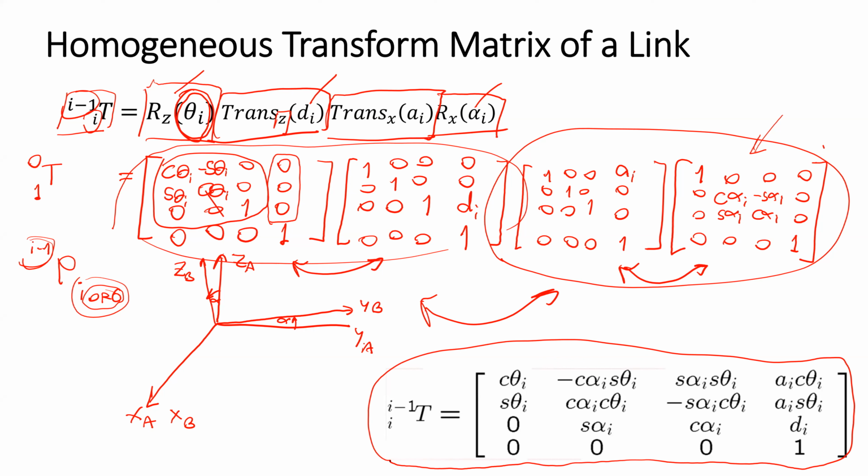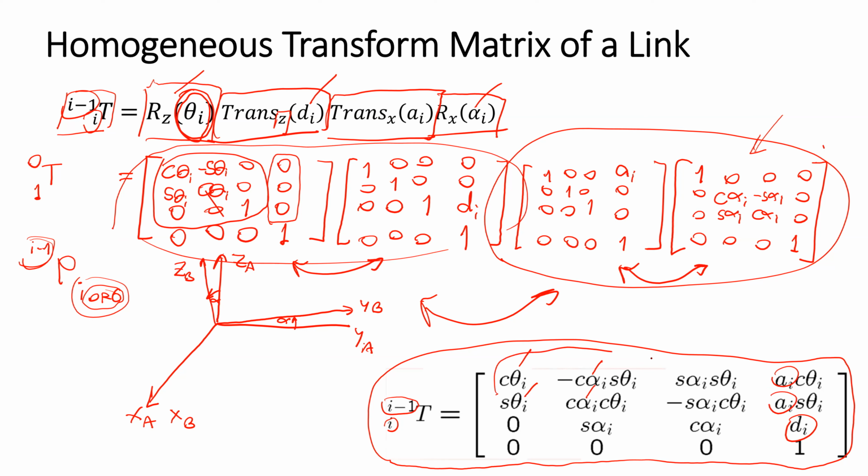It means that the homogeneous transform that relates the frame i to the frame i-1 can be written in the matrix of the parameters joint angle, link twist, offset, and link length, like here.